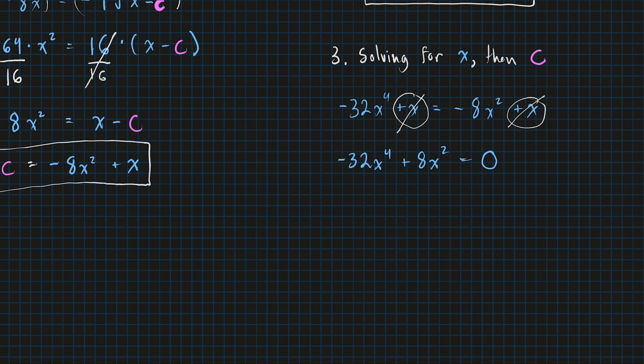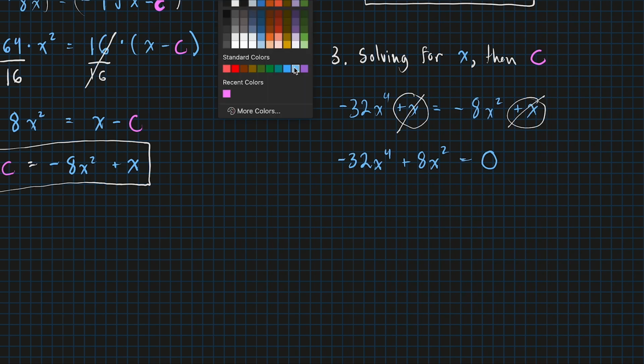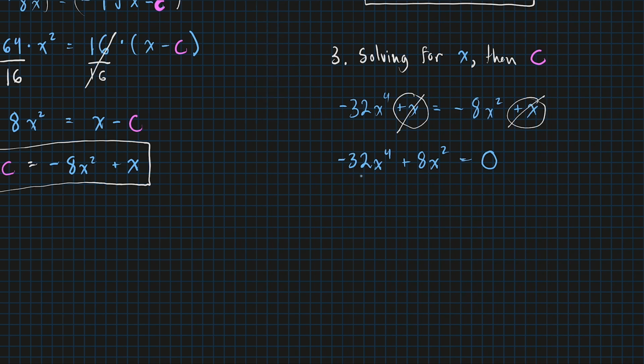Or negative 8x squared is actually even easier. I hope I'm not going too fast, but if I take negative 8x squared out of this term, I'm essentially dividing by negative 8 and x squared. So I'll put my negative 8x squared out here.